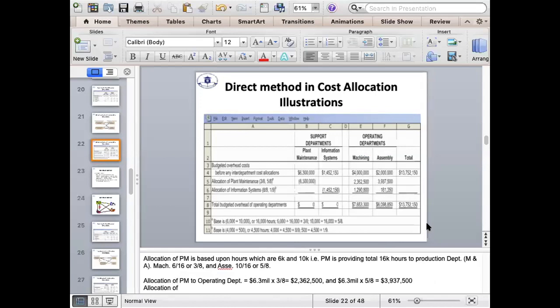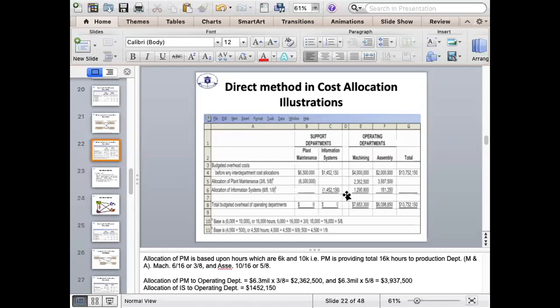Allocation of information system to operating department. All right. So which is this number? 1,452,150. So allocation of this number.